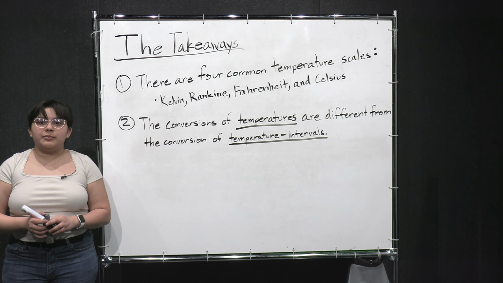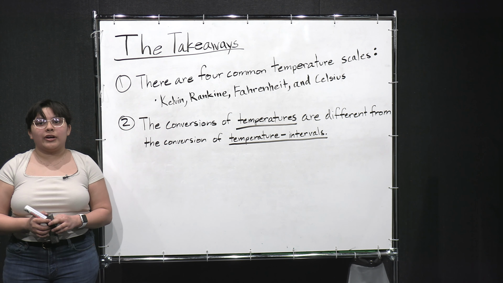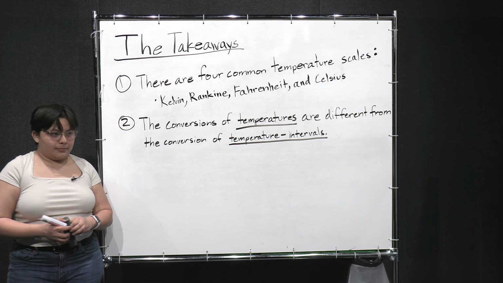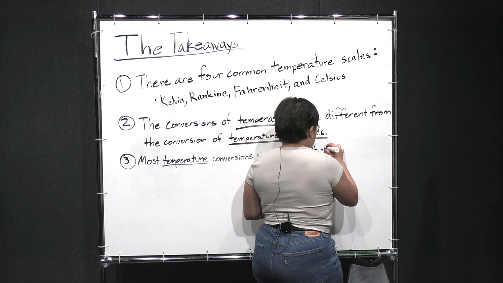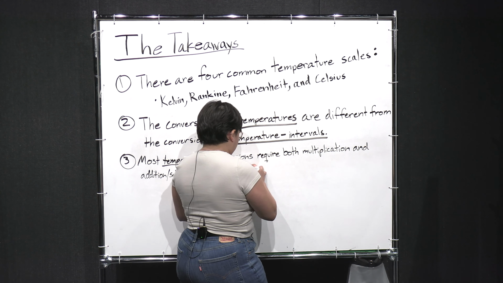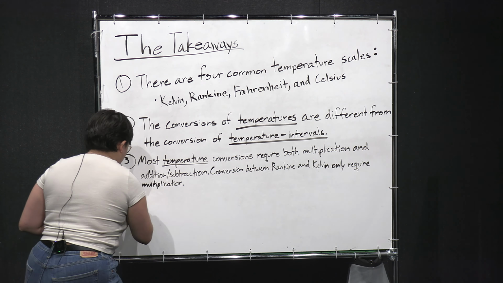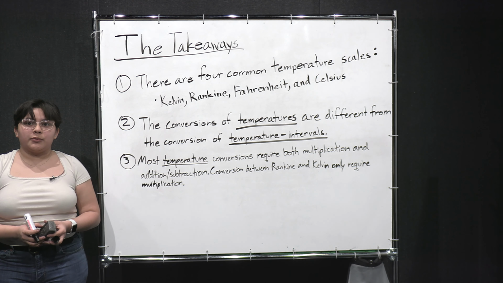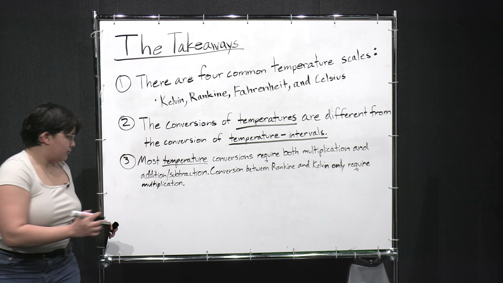Each of the temperatures can be converted from one to another using multiplication and often addition and subtraction. Conversion between Rankine and Kelvin only requires multiplication. 4. All of the temperature interval conversions require multiplication by 9/5, 5/9, or 1.